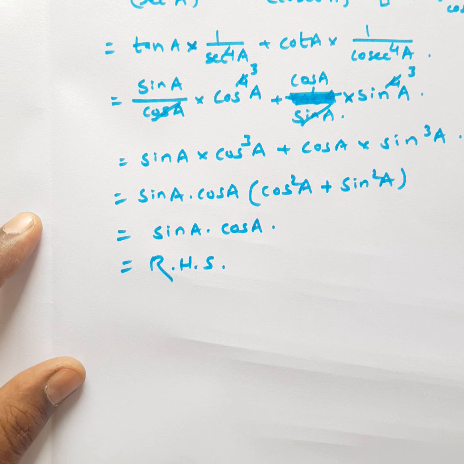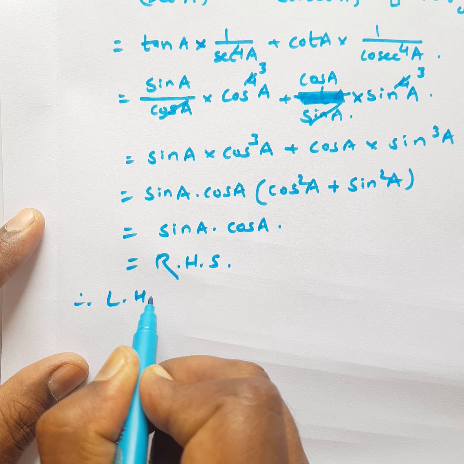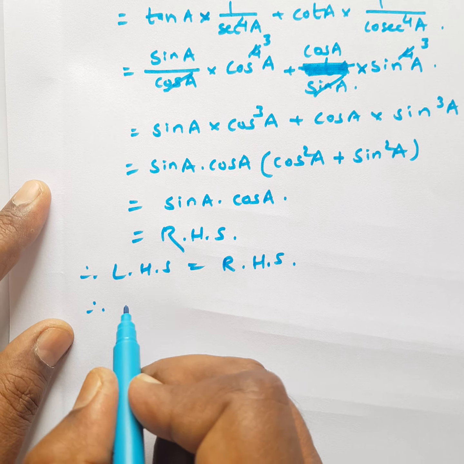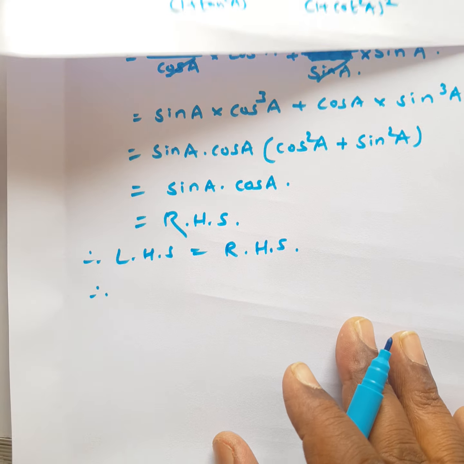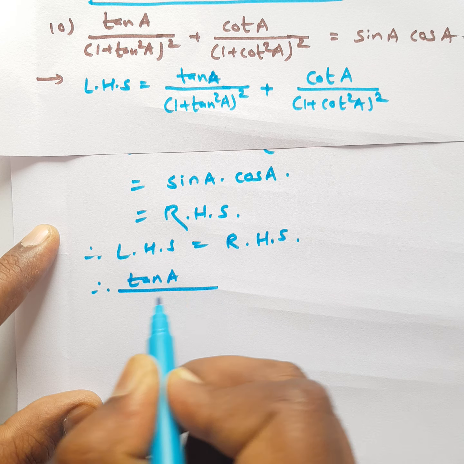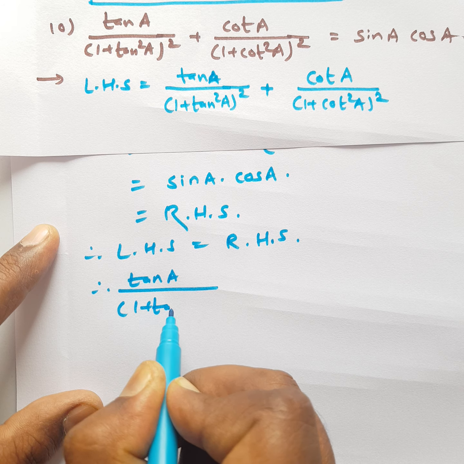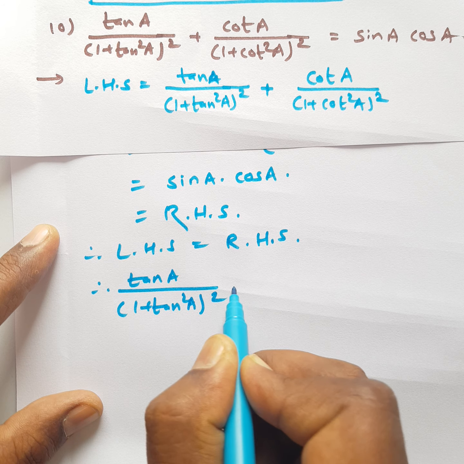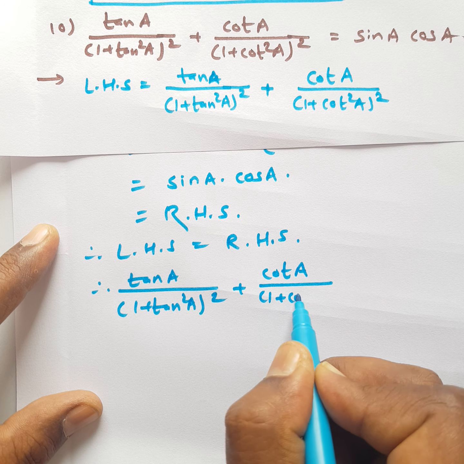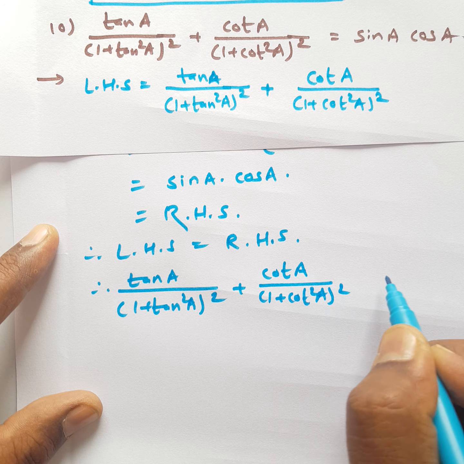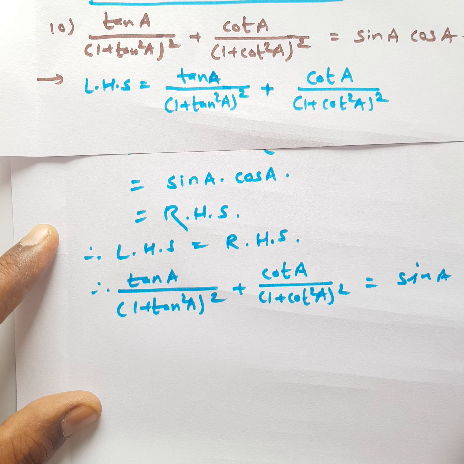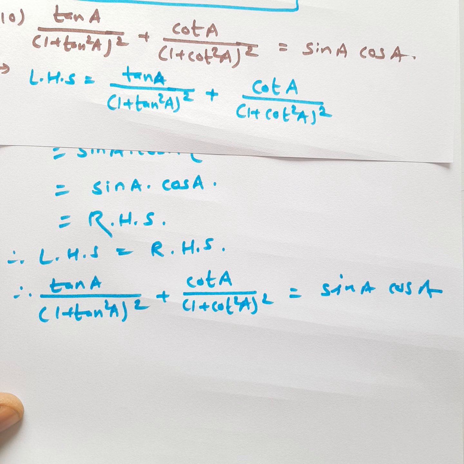We had to prove this. Therefore, left hand side is equal to right hand side. The left hand side was, see here, tan A upon 1 plus tan square A, bracket square, plus cot A upon 1 plus cot square A, bracket square, is equal to sin A cos A, and it is proved here.